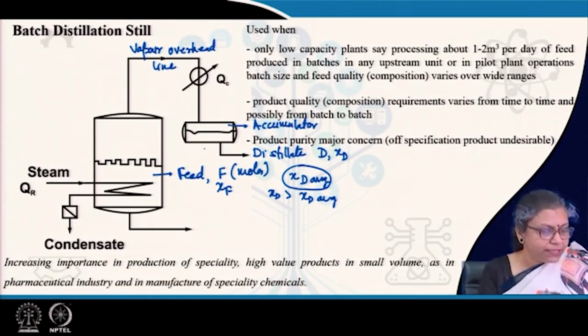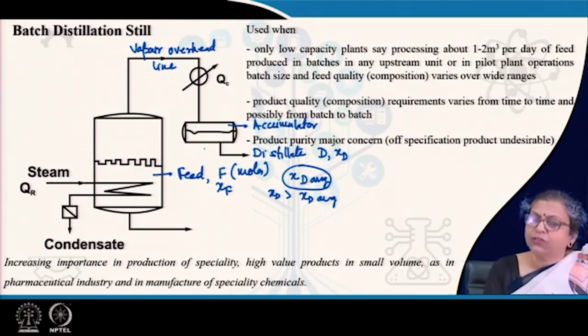Now, this distillation was not very much practiced in chemical industries in earlier times, particularly in the oil industries, where there was normally large scale operation with a huge amount of feed and the need for continuous operation was very important.